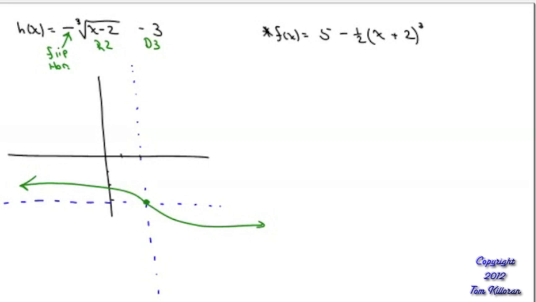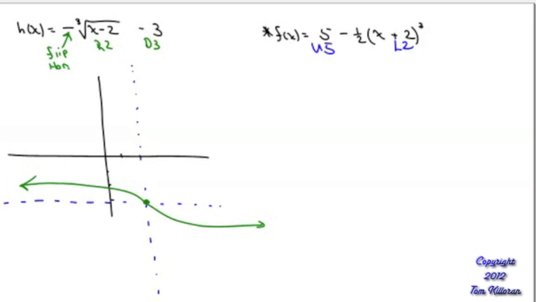Okay, so we're going to go to the left 2, and then we're going up 5. It's outside, but who cares what side it's on? It's still a positive 5, so it's increasing the value by a positive 5.